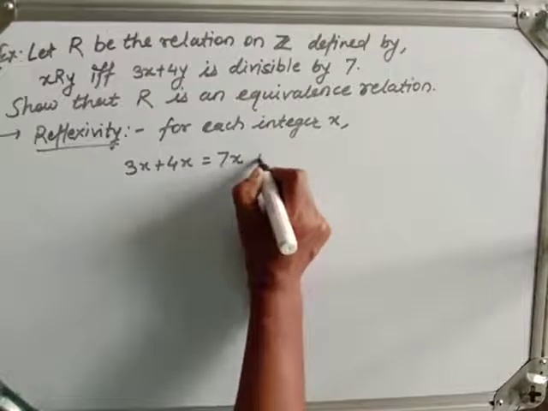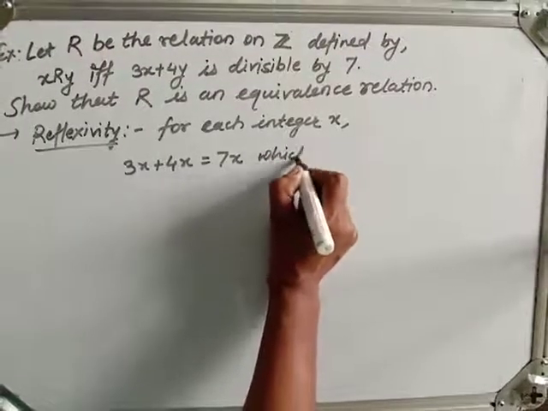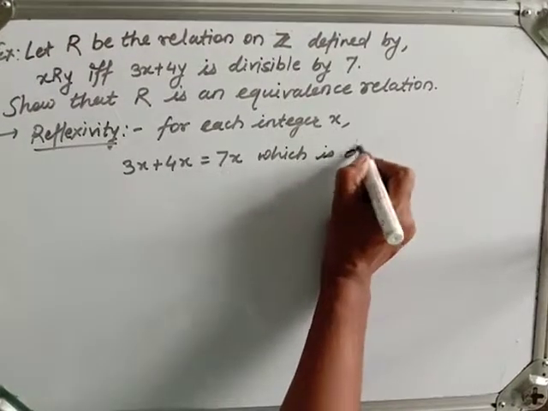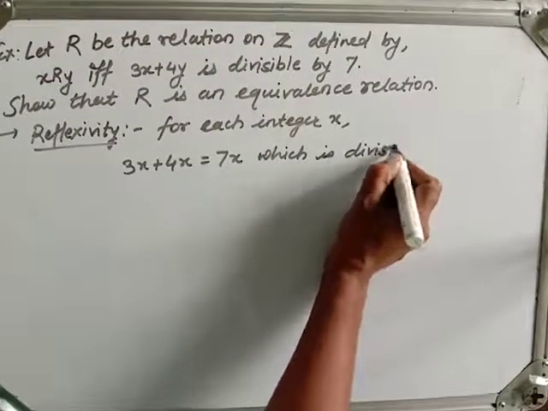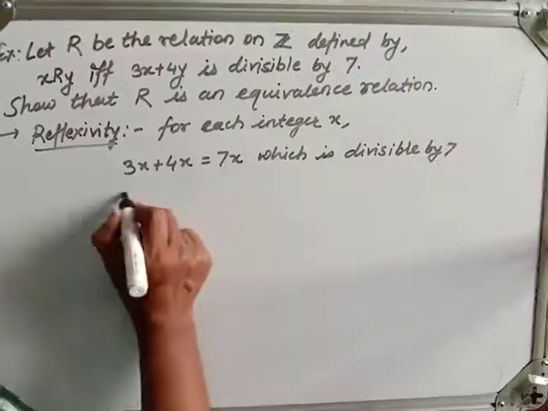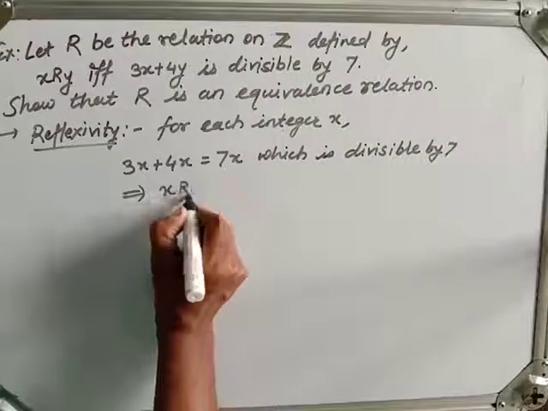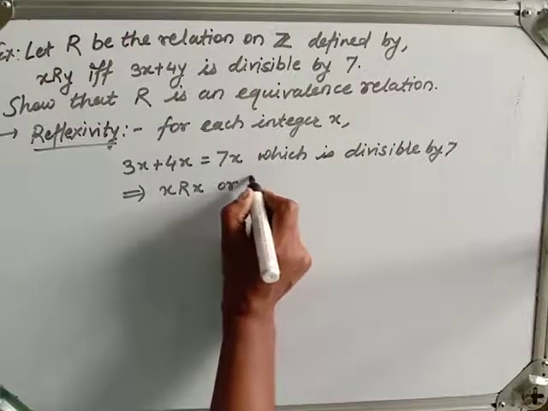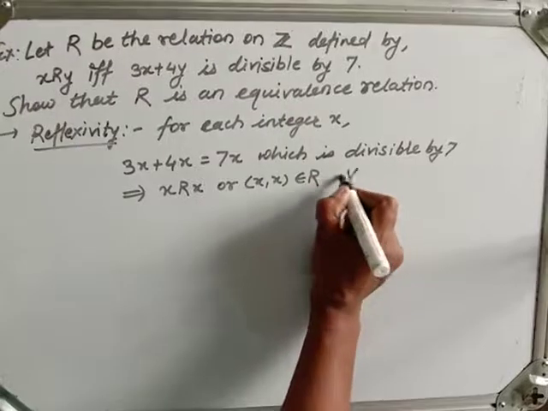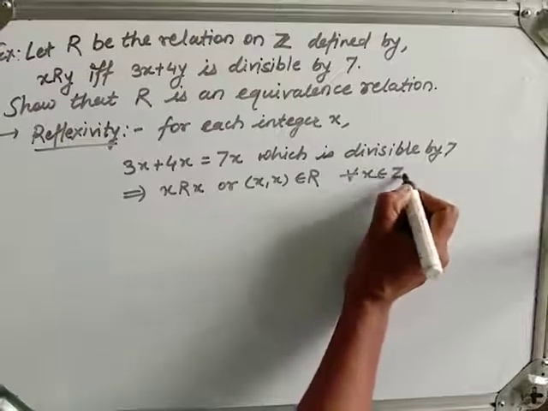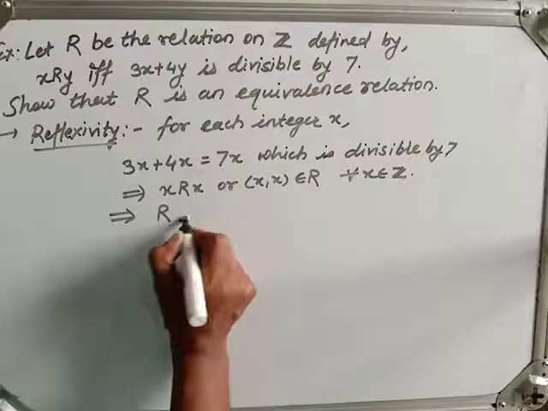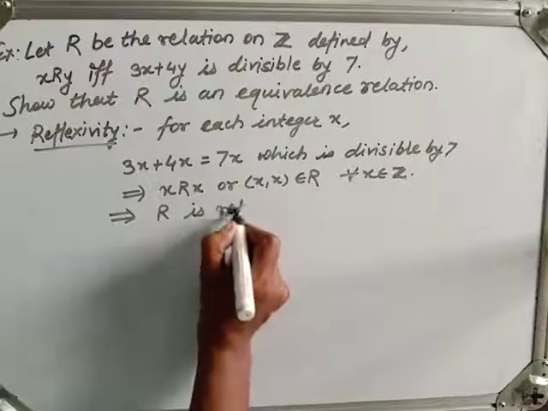And 7x is clearly divisible by 7, whatever x is, it is a multiple of 7. So that implies x related to x, that is (x,x) belongs to R for all x belonging to Z. Therefore R is reflexive.